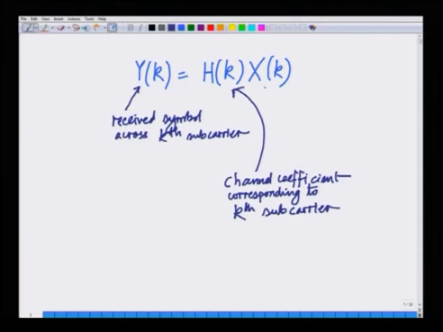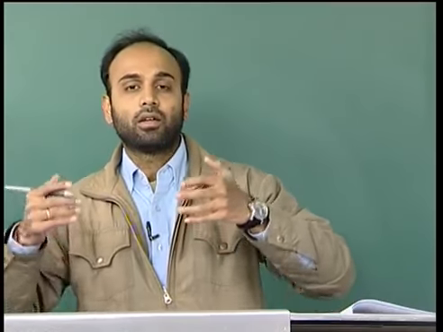And xk is the transmitted symbol, or the symbol that is loaded onto the kth subcarrier. Remember, before transmitting the symbols, we are taking an IFFT of this transmit symbol.